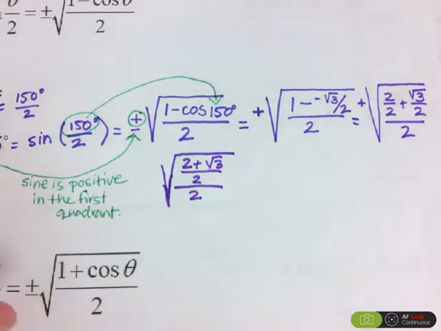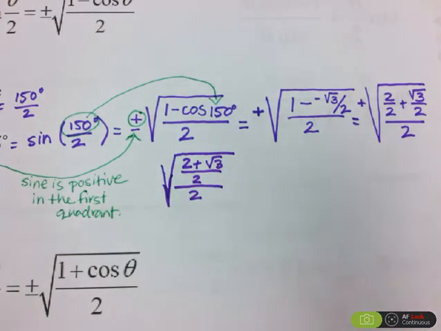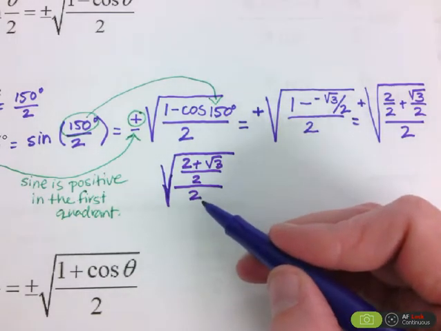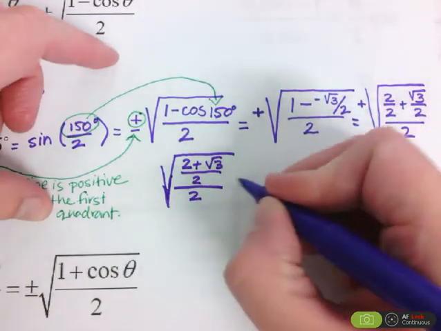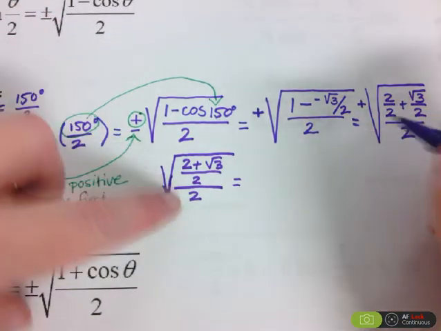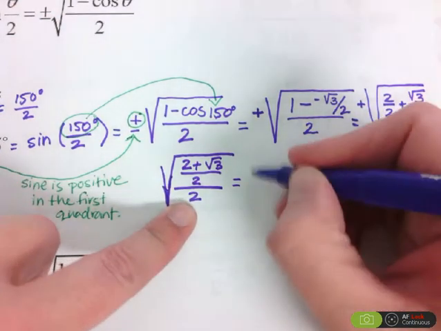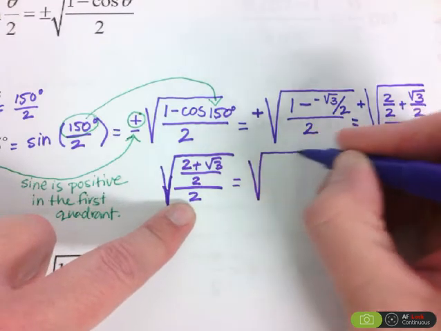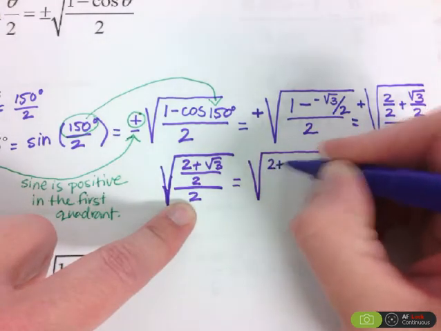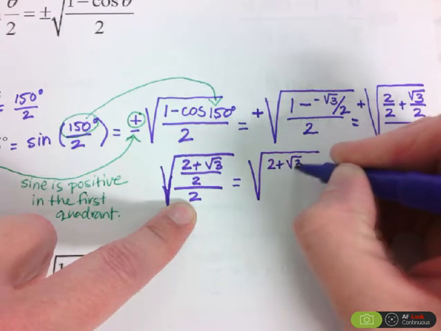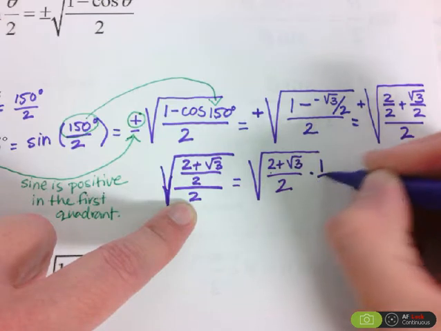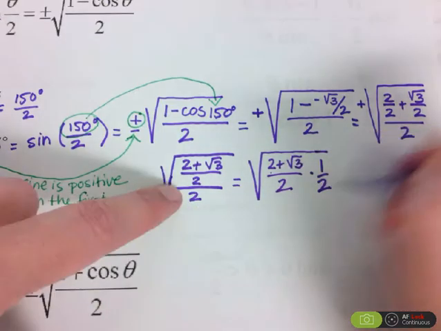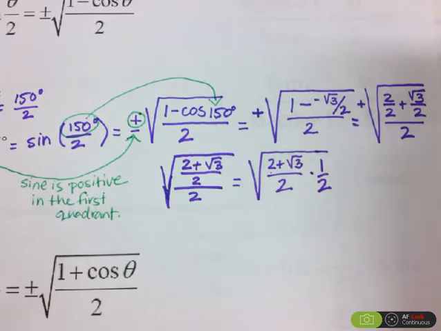All right, so I have divided by 2, divided by 2. If I want to change this to a fraction and multiply, I change it to times what fraction? Is it 1/2? Yeah, I'm going to do times 1/2, that's right. So I have this 2 plus root 3 over 2 times 1/2. So dividing by 2 is the same as times 1/2.